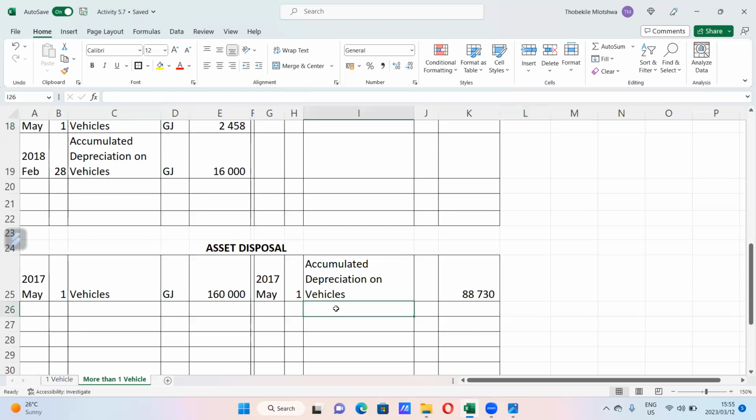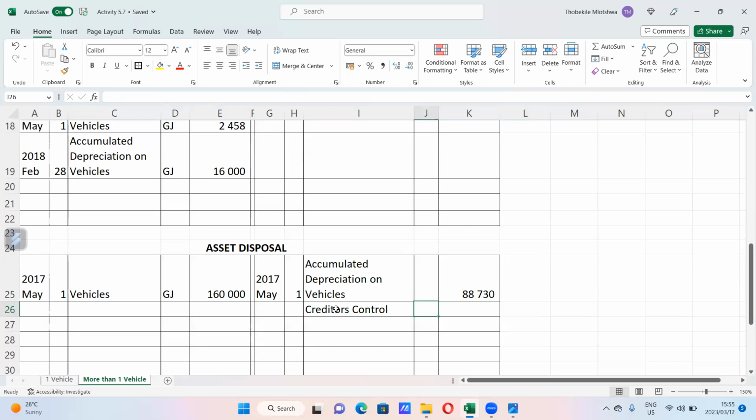So we are not going to say bank here, we are going to say creditors control. Instead of bank, we have creditors control.